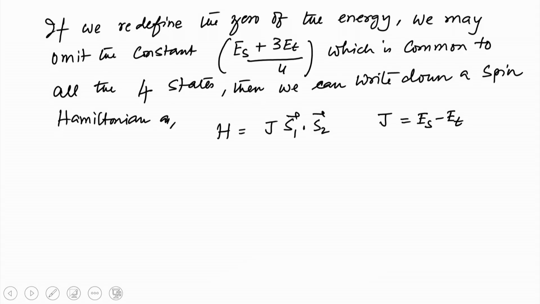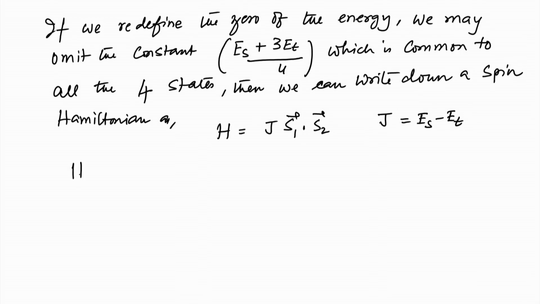Now, if we say that such Hamiltonians can be written for n particles with a pairwise interaction between the particles, then we can write a generic Hamiltonian for a magnetic system or spin half system. We can extend it to spin having any values.